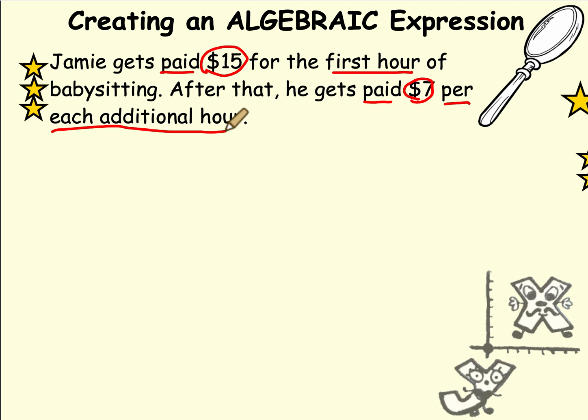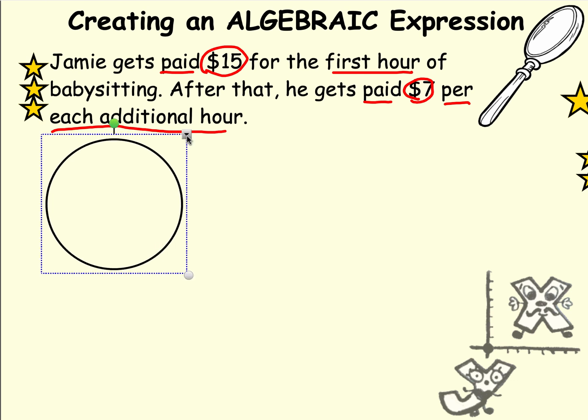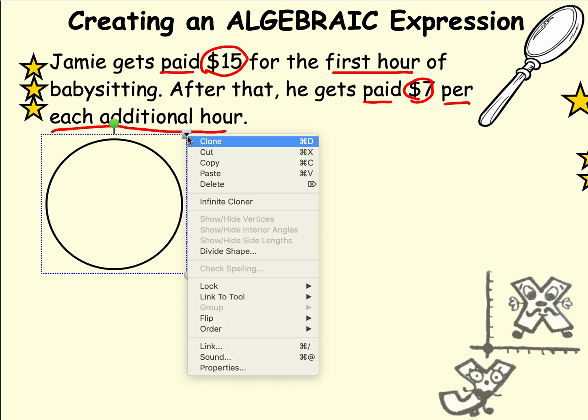Okay, so let's do this model a little differently. We're going to build an expression that shows Jamie's paycheck. Well, probably not a paycheck when you babysit, but the cash that he gets.